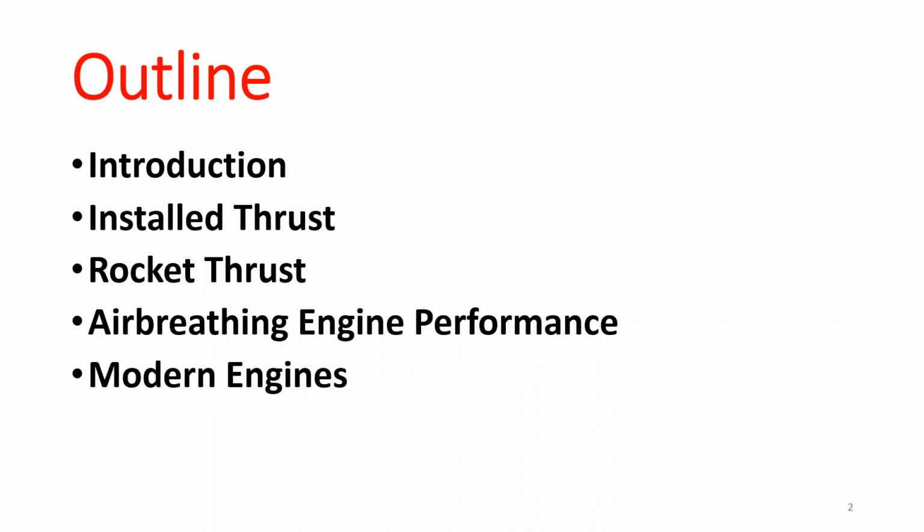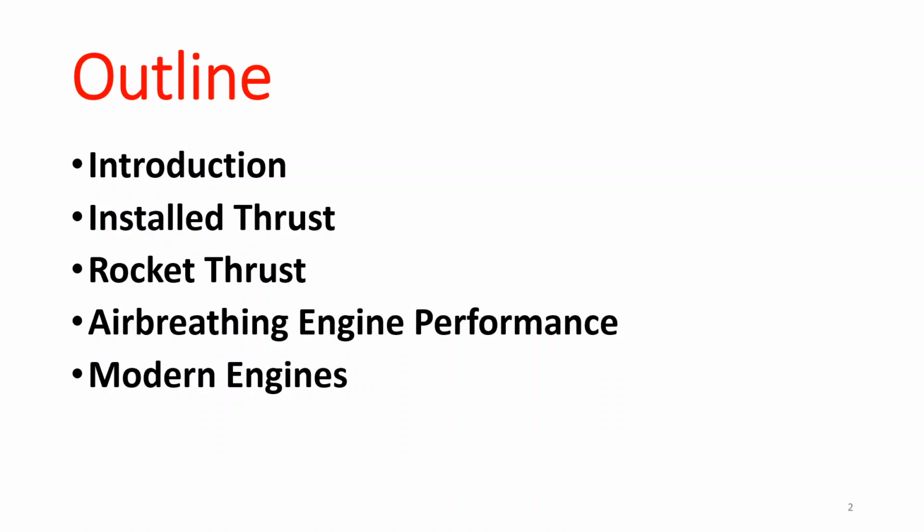We will have a little bit of introduction in which we talk about thrust calculation and the main equation we are going to use to calculate thrust. And then we will talk about something called the installed thrust, and you will see the difference between installed and uninstalled thrust. Those are the topics of today: introduction and installed thrust, and also thrust calculations using impulse, if we have the time.